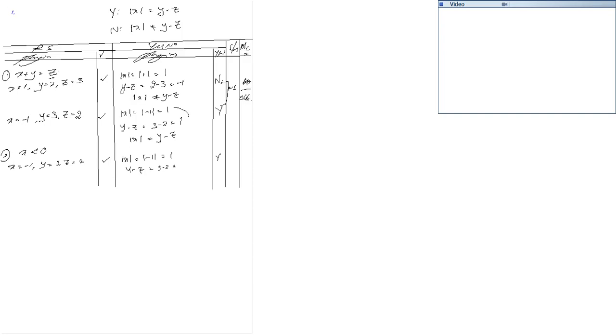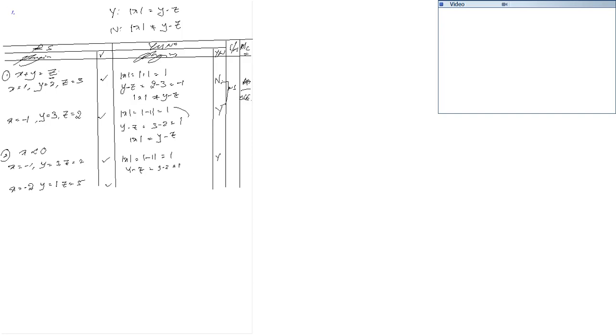Now here Z is not controlled, Pradeep. So you can take any value for Z. So I take X is equal to, let's say, -2, Y is equal to, let's say, 1, and Z is equal to 5. I'm just playing around with the values to show you.